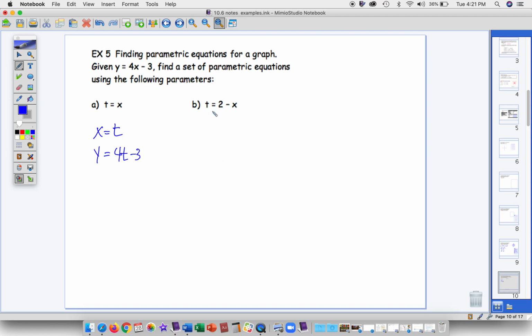For this one, t is equal to 2 minus x. I'm going to solve for x. So I'd add x to the side, subtract the t. And now for the y equals equation, I'm going to go back to the rectangular and replace what x equals in this equation.